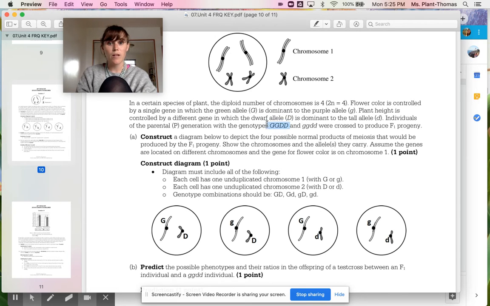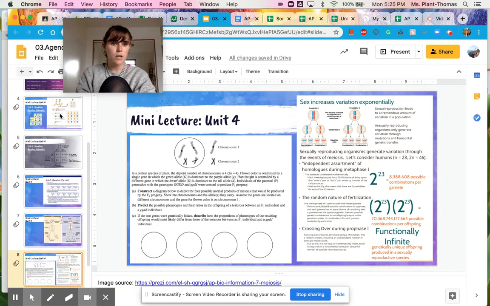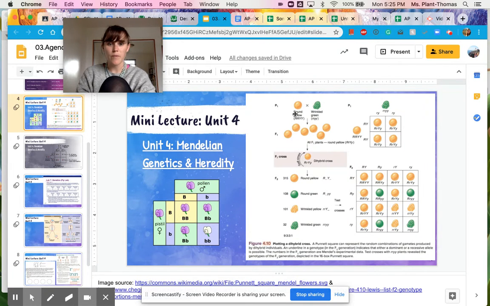One parent is homozygous dominant, the other is homozygous recessive. If you cross those 2 together, you're going to end up with an individual that is heterozygous for both traits. This is a similar concept to what we saw here, right? We have 2 homozygous parents, and we end up with an F1 that's all heterozygous for both traits.